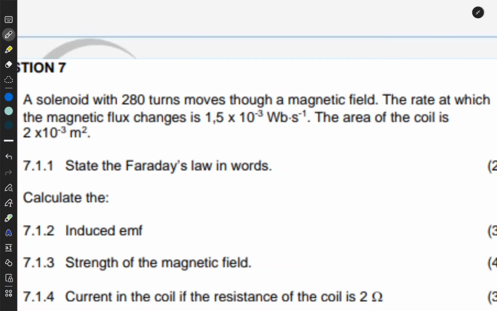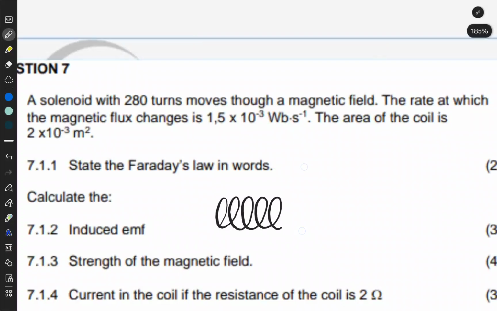So if I were to draw it for you, it would look like this. I would say 1, 2, 3, 4, 5, and so on until I reach 280. So that's how the turns work, right?